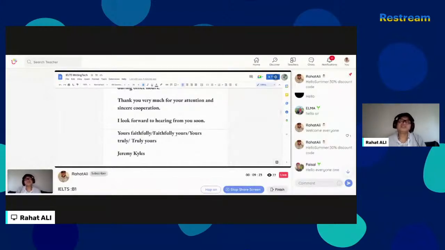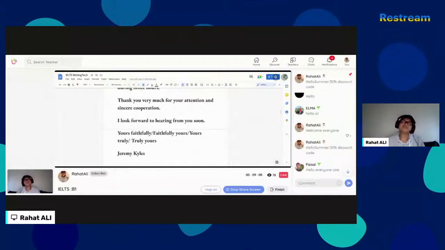And linking words like therefore, furthermore, additionally, etc. And using correct form of tense, which is very important. Remember that, guys.